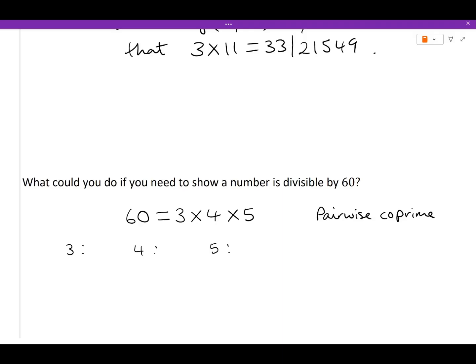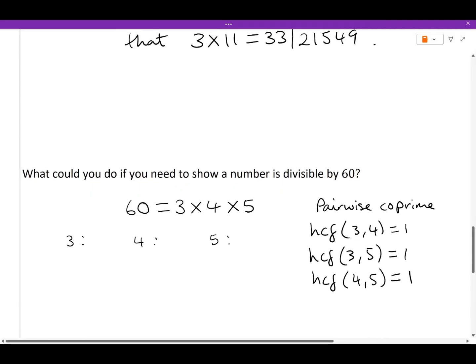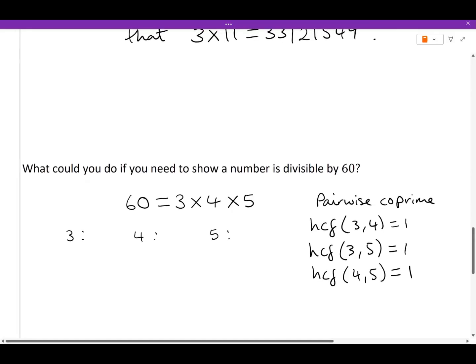What that means is if you take any pair of those 3 numbers, for example 3 and 4, the highest common factor of 3 and 4 is 1. If we took a different pair, the highest common factor of 3 and 5 is 1. If we took a different pair, the highest common factor of 4 and 5 is 1. As long as that's the case, you can multiply the three numbers together and assume that the result is a factor. So you'd have to mention pairwise co-prime in your conclusion if you were doing 60.